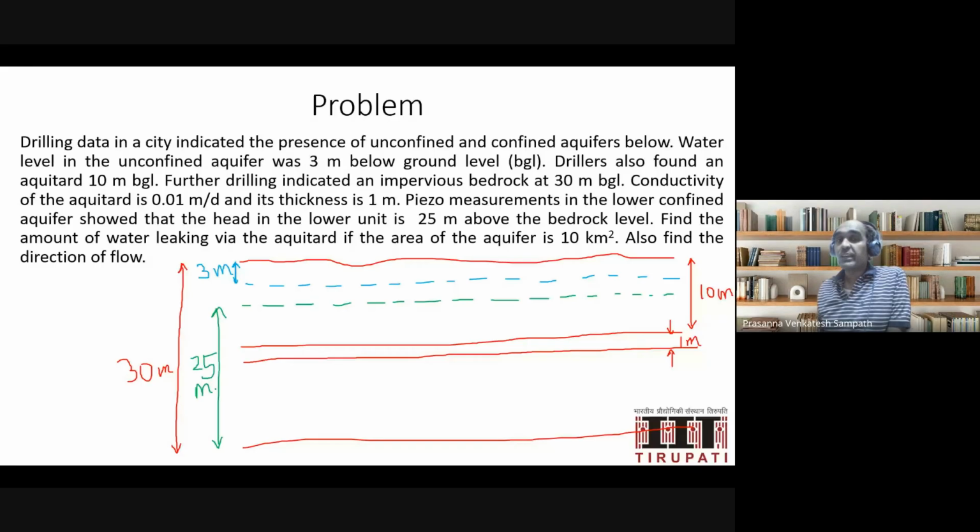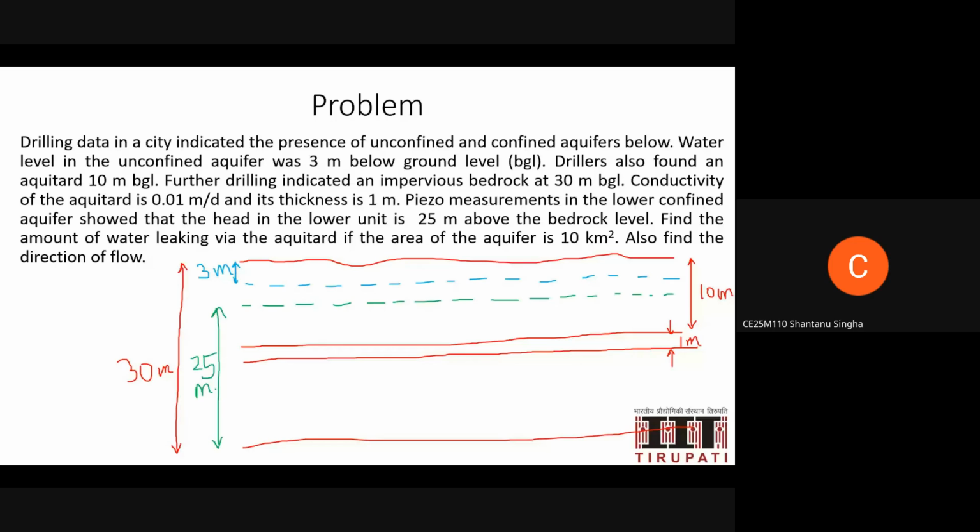You're using the word neutral in a very interesting way, and your intuition is right. When you say neutral, you mean it is the background pressure. Yes, sir. It is neither positive nor negative. Yes, sir. That's a very interesting question. I never thought like that, what is the pressure at the water table, sir?